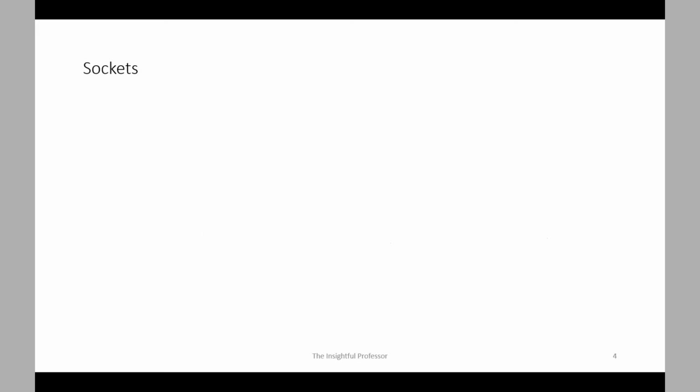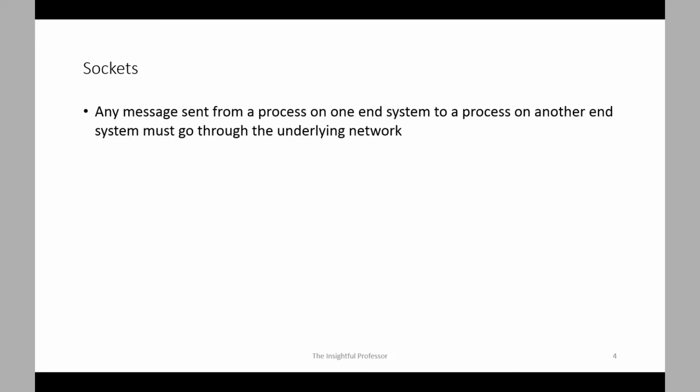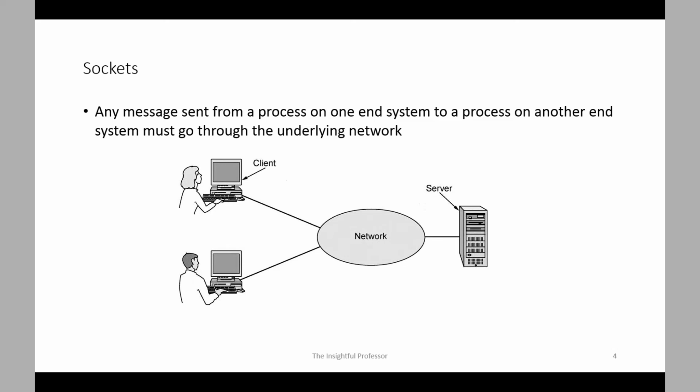Another important software component that is going to reside on both end systems involved in the conversation is something called a socket. Any message that's sent from a process on one end system to a process on another end system has to go through the underlying network. We saw this idea as we looked at our example of a client-server application with a web browser talking to a server, communicating back to the client.